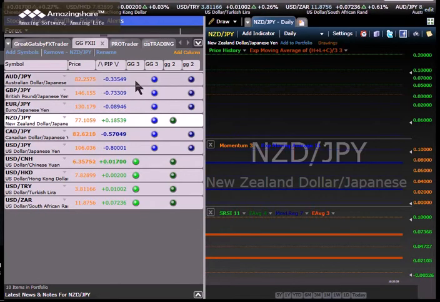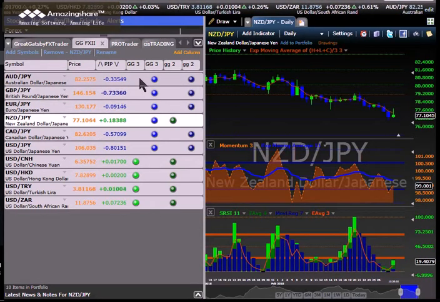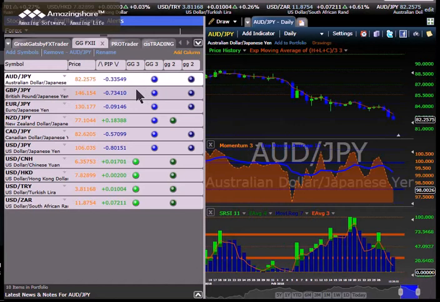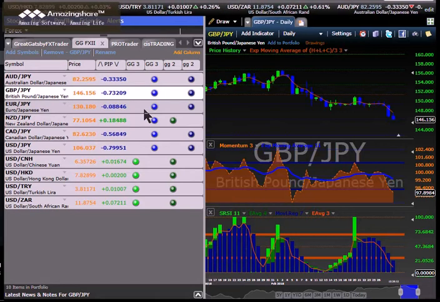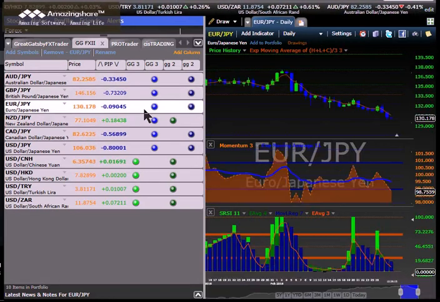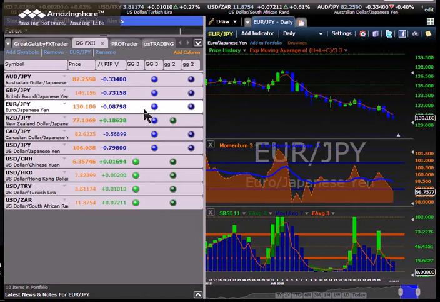The Australian dollar, the British pound, and the euro have a better range as far as their trading range, but they have a higher volatility with swings, so they have poorer trend metrics when it comes to the overall trend.